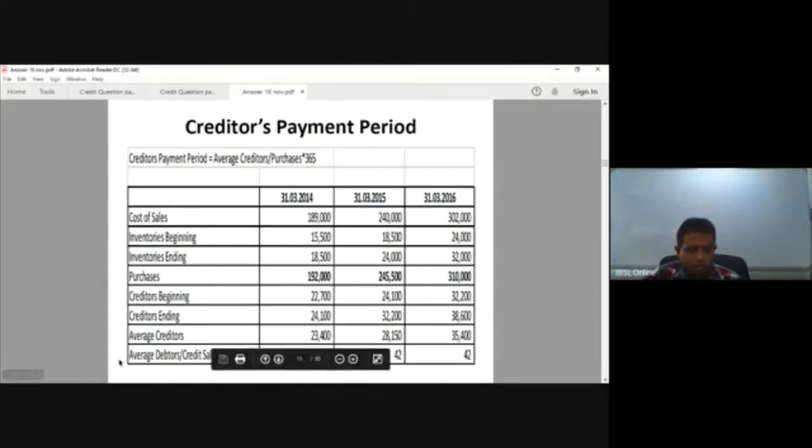Here the correction should be made. This formula should come here: average creditors divided by purchases. Erroneously, I have given the debtors payment period formula in the last item.